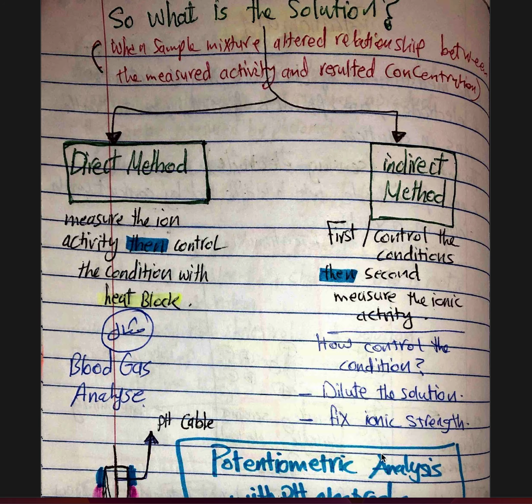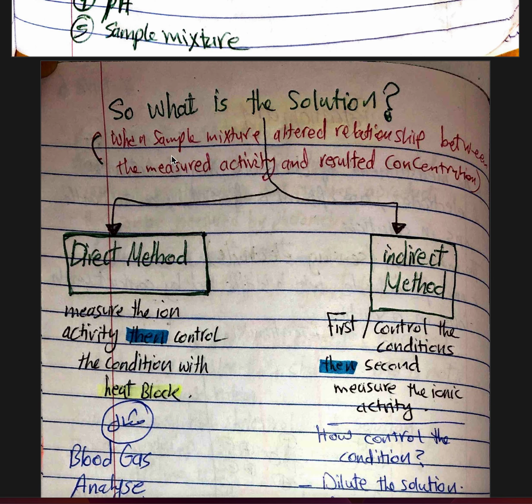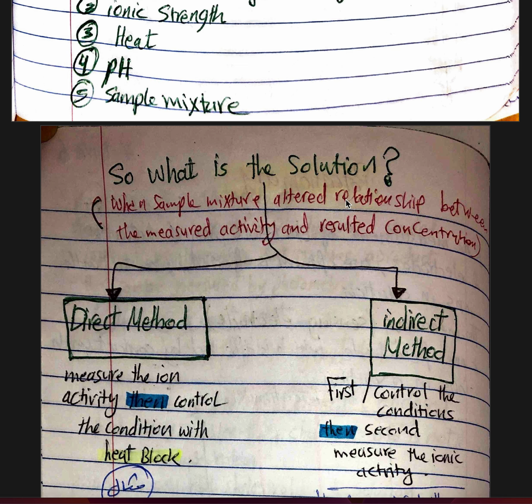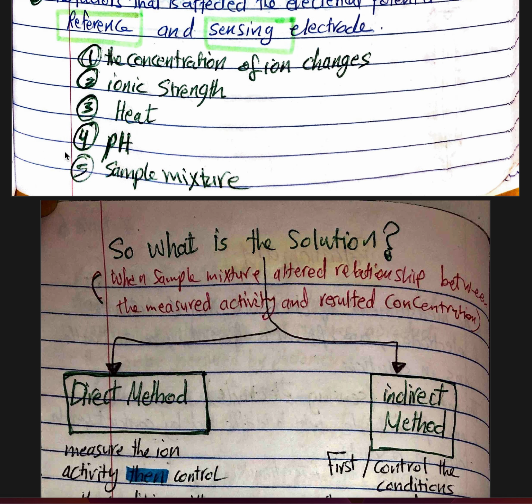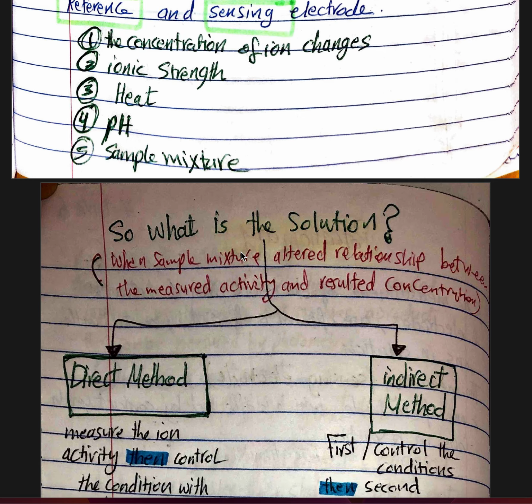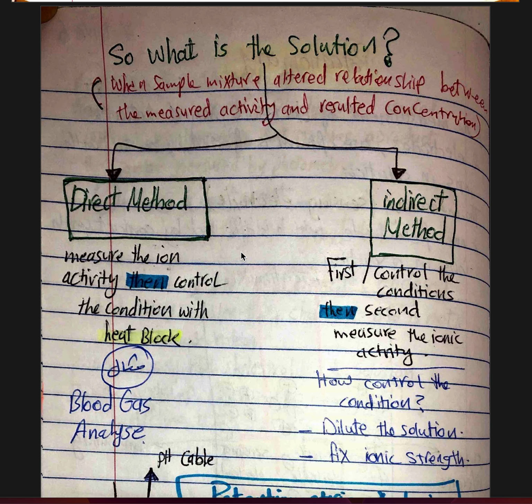We said before that one of these factors is the sample mixture. Yes, the sample mixture affects the solution. So we have two methods, the direct method and the indirect method.